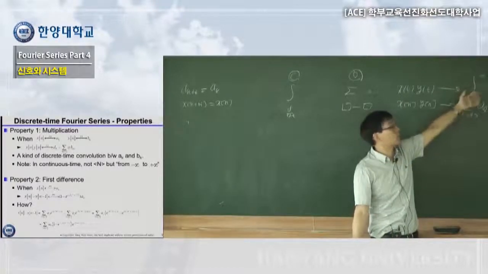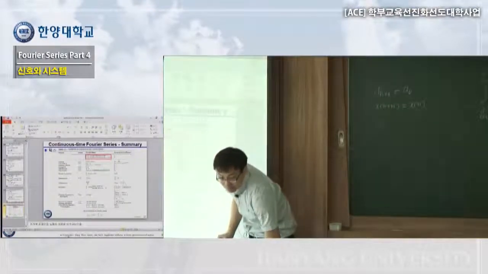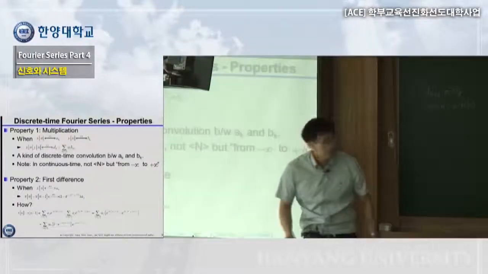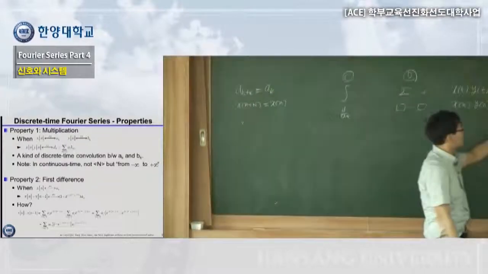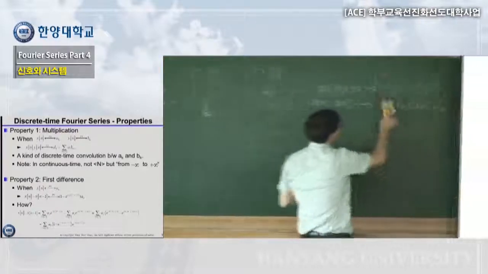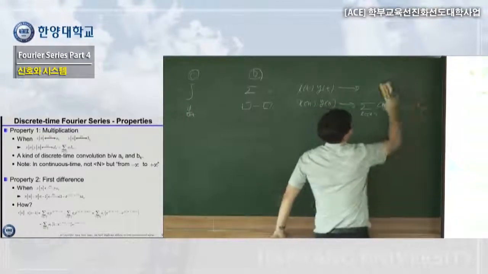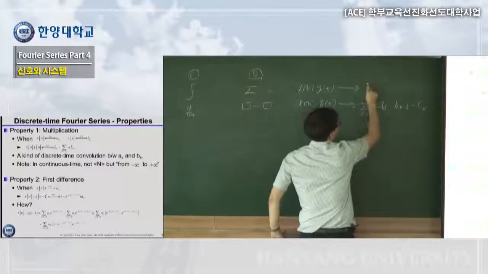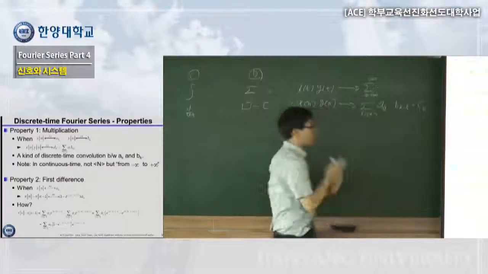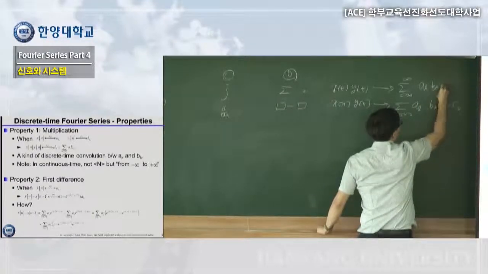In continuous time, we are adding from minus infinity to infinity, as we learned in the previous lecture. And here, we are adding over a period only. Actually, this is my mistake. In the convolution in discrete time, we have to add one by one because we have a_l, b_(k minus l).